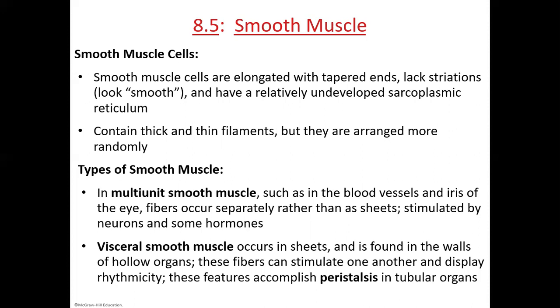So what that means is as long as one muscle fiber gets the stimulus from a neuron, its contraction can stimulate all the other cells that it's touching to also contract, and they'll contract in unison, as a rhythmic unit. And this is what causes a motion called peristalsis.